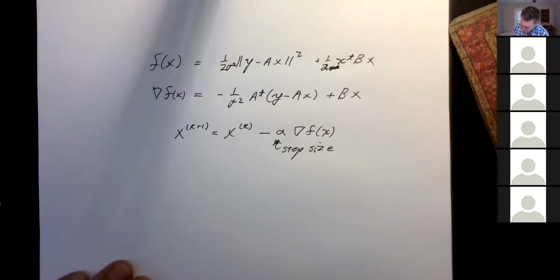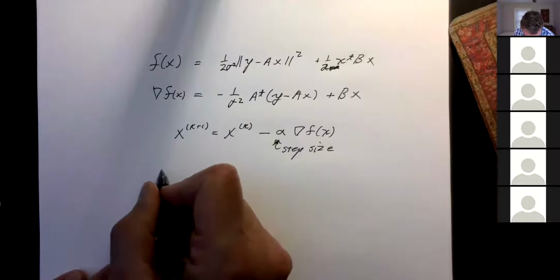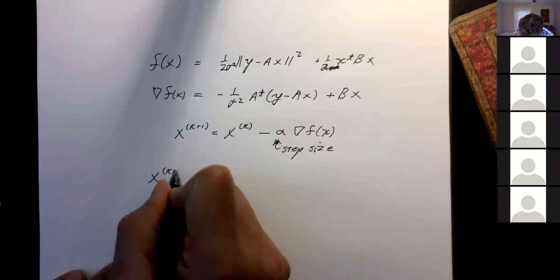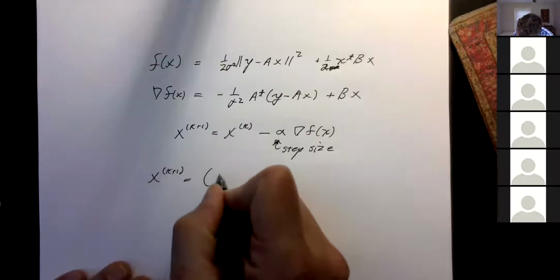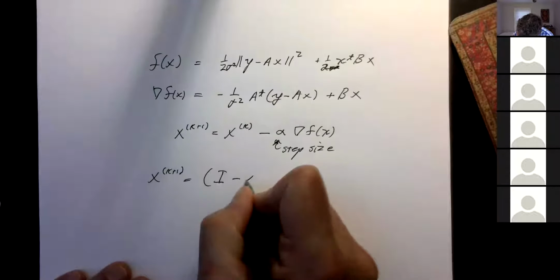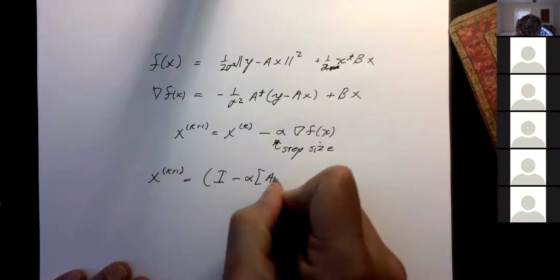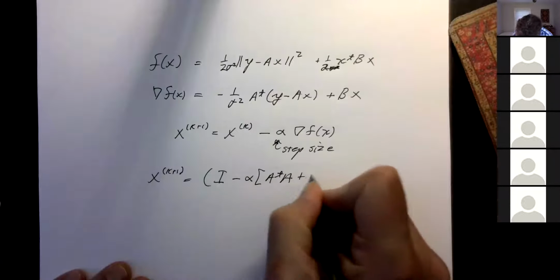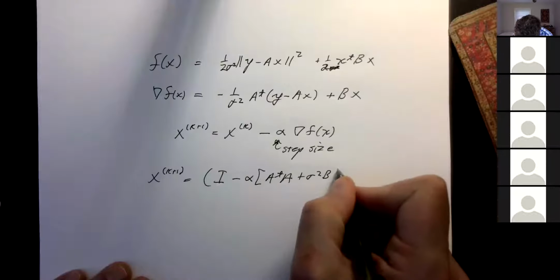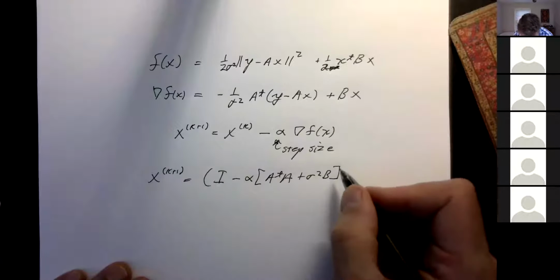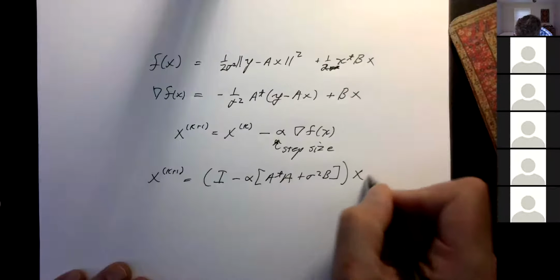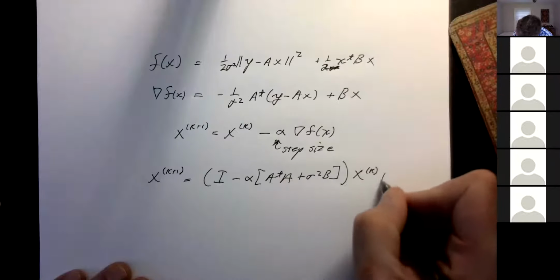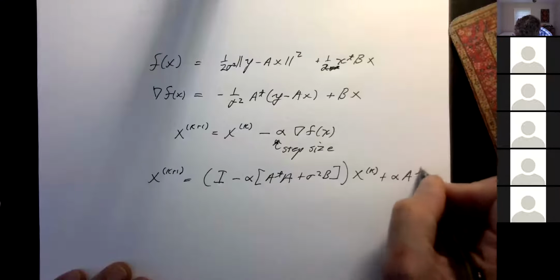Okay. Now what happens is the update becomes x of k plus 1 is equal to I minus alpha times (A transpose A plus sigma squared B), times xk, plus alpha times A transpose y.